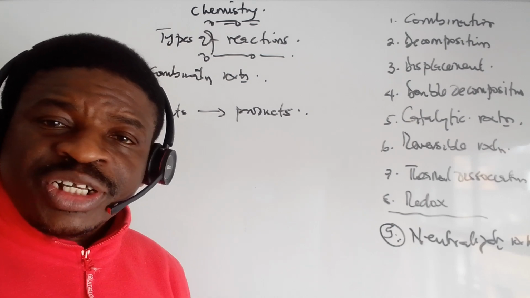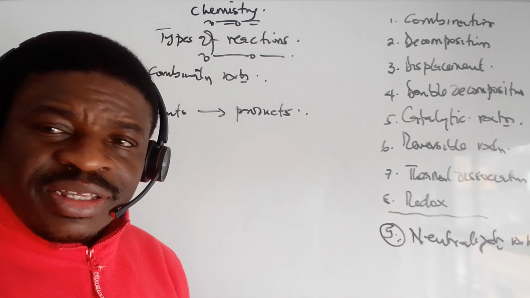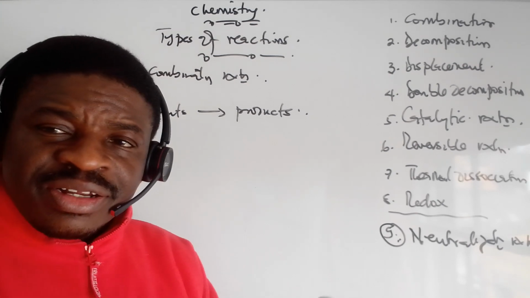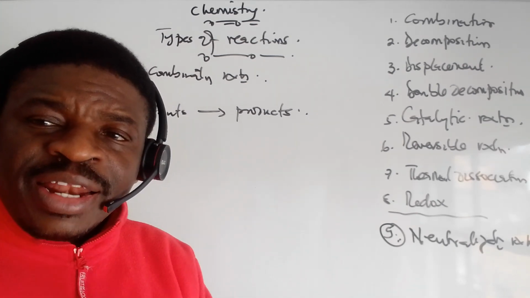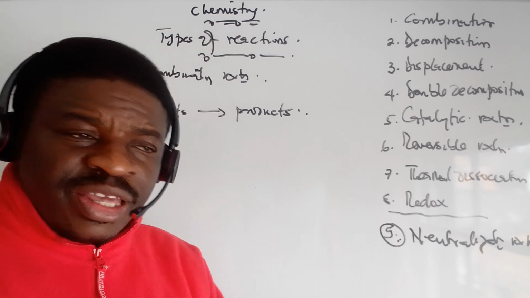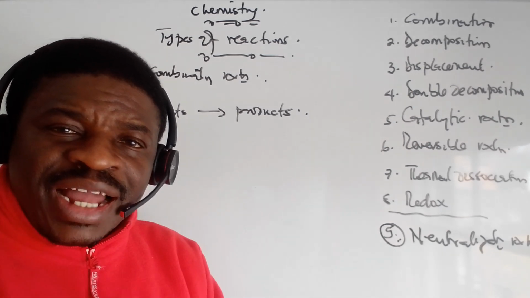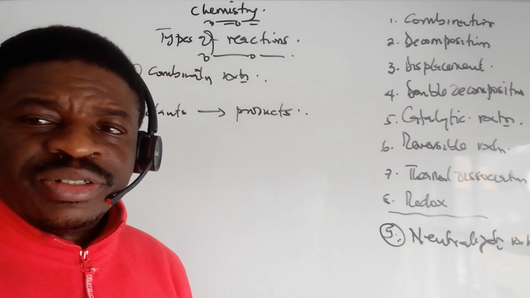For a chemical change, there is a reactant and there is a product, and the reactants react based on electron changes: giving of electron, taking of electron in bonding, giving it to the compound.